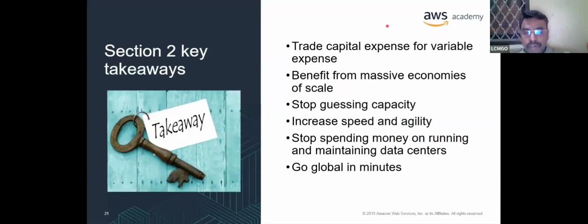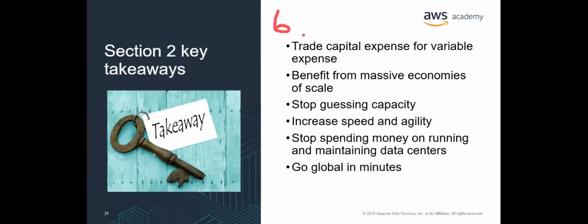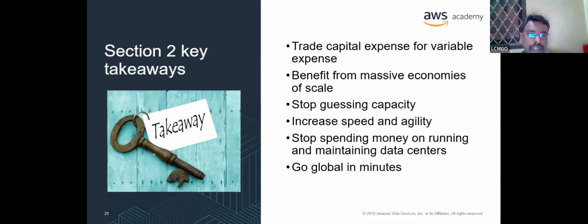Coming to the end of this section, these are the advantages. Sir, one question. Yes, Sheikh. Sir, as you said, if you launch in the US, what is the reason, because if you can launch in India, they can also access it. Then what is the reason for launching it in the US? Is it due to bandwidth or any other reason? That is content delivery network, CDN, that is what you're saying.